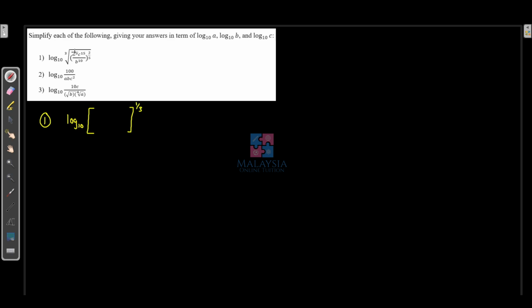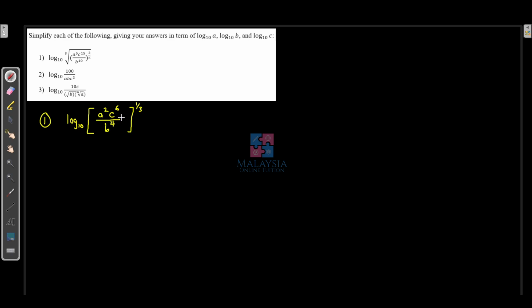For example, a to the power of 5, and when you have another power outside the bracket, you multiply the inside and outside. So 5 times 2 over 5, you will get a squared. And then for c, 15 times 2 over 5 is going to be 6, so c to the power of 6 divided by b to the power of 10. 10 times 2 over 5 is going to be 4, so b to the power of 4.